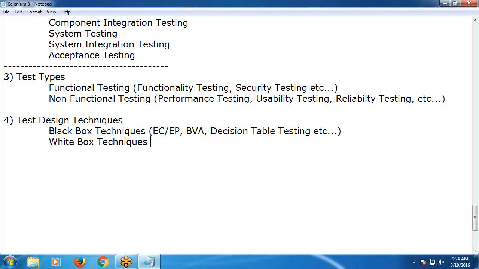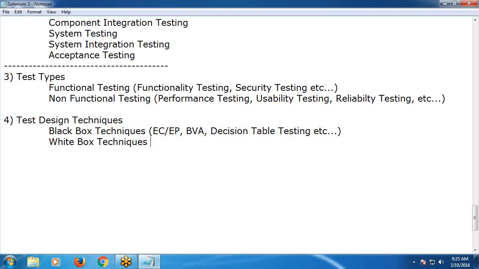Suppose a user ID object is there. As per requirement, it has to take 10 to 20 characters long. Suppose 10 to 20 size alphabets or alphanumeric. Testing with all possible inputs and preconditions is impractical.